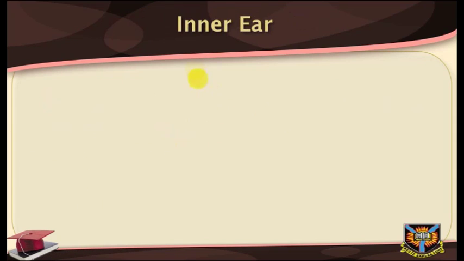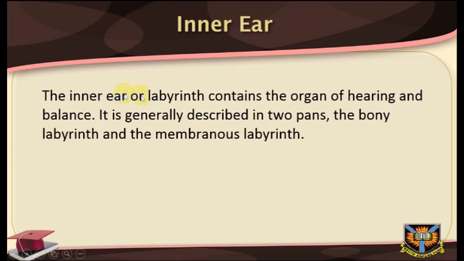Inner ear. The inner ear, or labyrinth, contains the organ of hearing and balance. It is generally described in two parts: the bony labyrinth and the membranous labyrinth.